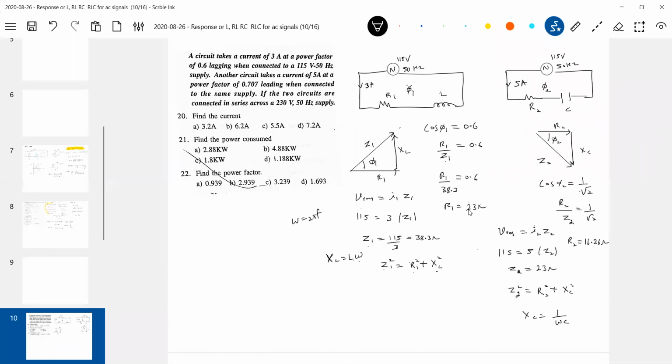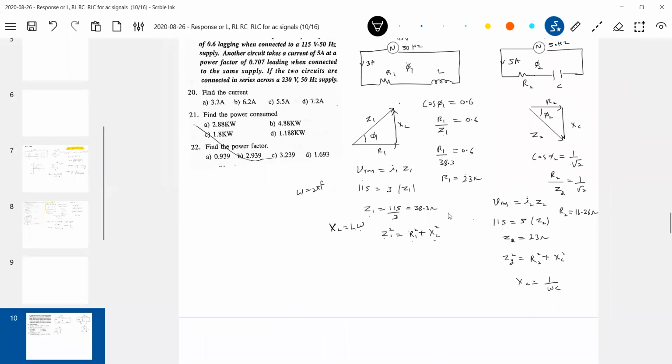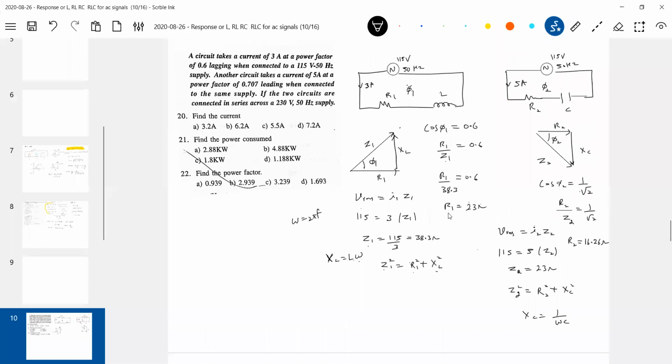After getting this, what is it telling? If the two circuits are connected in series across a 230 volt 50 hertz supply, then it is asking for all other quantities. So what should we do now? We should go for another circuit. I think only XL is needed, no need of L and omega. XL and XC are enough.